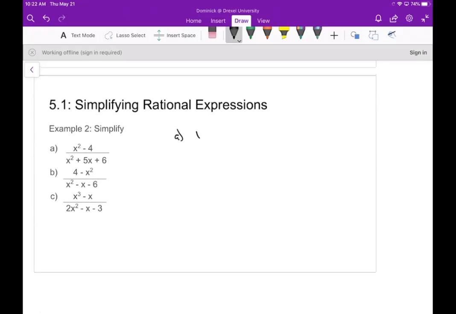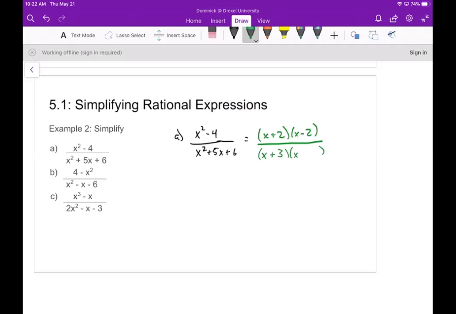In part A, we have x squared minus 4 over x squared plus 5x plus 6. In the top, you have your difference of two squares, so we know that factors as x plus 2, x minus 2. In the bottom, that is our quadratic with a coefficient of x squared equal to 1, so we just need two numbers that multiply to 6 and add to 5.